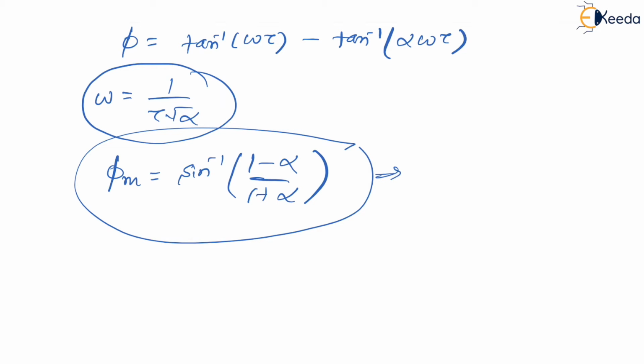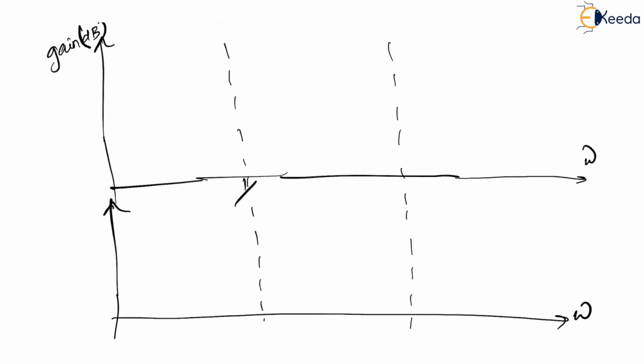Now, this phase is going to be maximum negative. How is it going to be maximum negative? We will try to see that in its Bode plot. So this frequency is 1 by alpha tau and this frequency is 1 by tau.